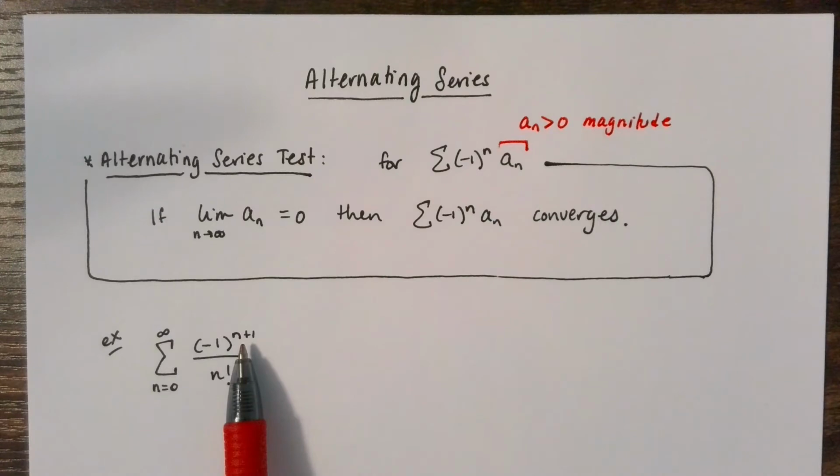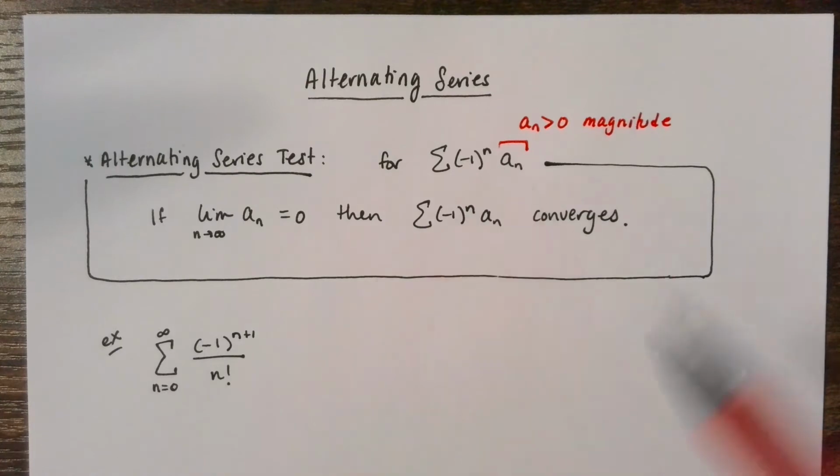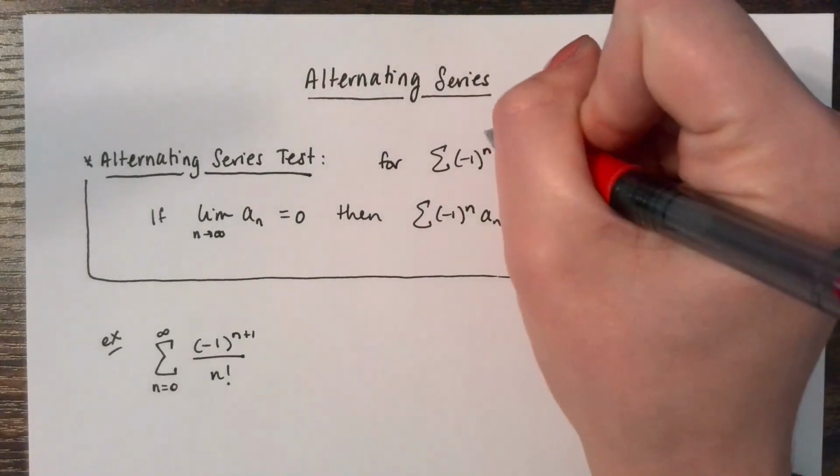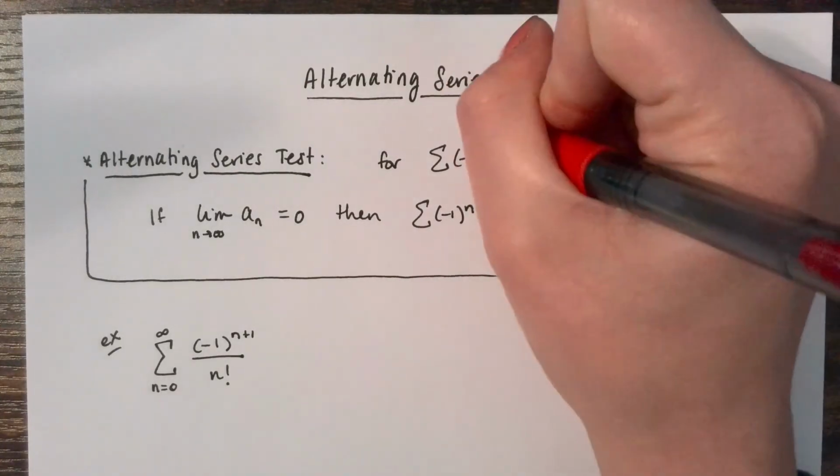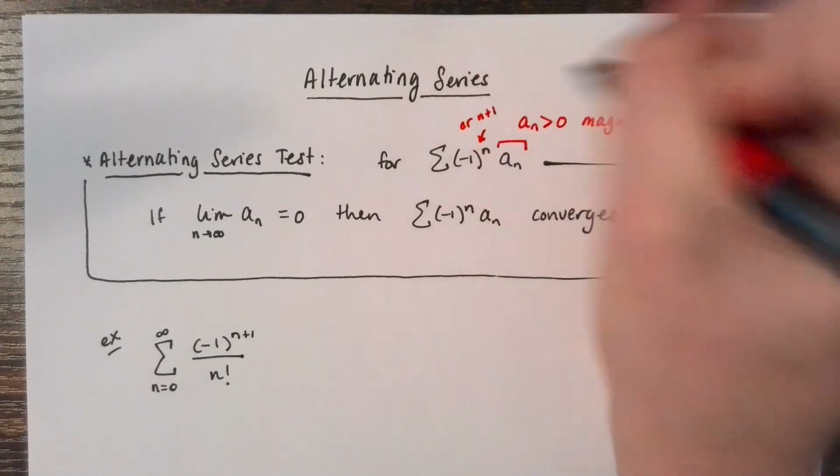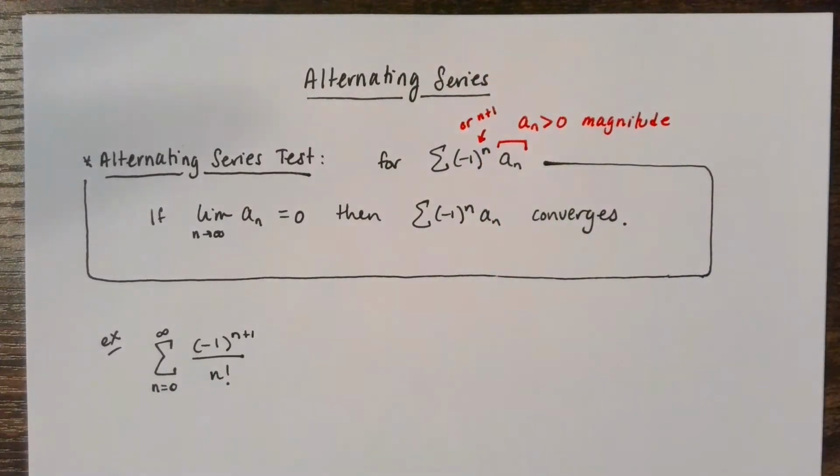So in this case, it's n plus 1. It could be n plus 5. Those kinds of things don't really affect this theorem, so you don't have to worry about rearranging. So we'll just say (-1)^n or n plus 1, and of course that n could also be a k. We use both of those letters frequently.